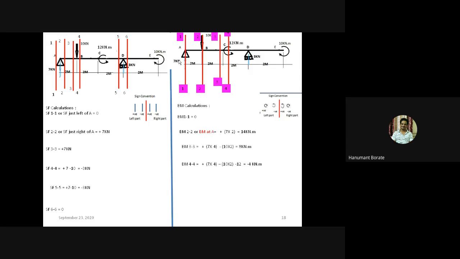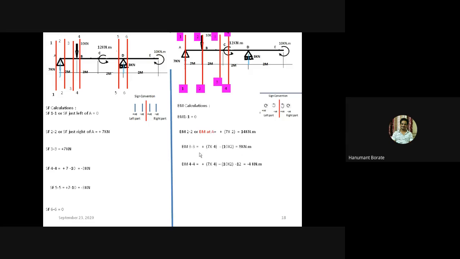So take the moment of the 7 kilonewton force, 7 into 4, and the moment is clockwise, so positive. Then the moment of the 10 kilonewton force into distance 2 meter, right? But it is anticlockwise. So here I have taken negative, and minus 12. Why minus 12? Because this moment is acting in the anticlockwise direction. So finally I got the answer here, minus 4 kilonewton meter at section 4.